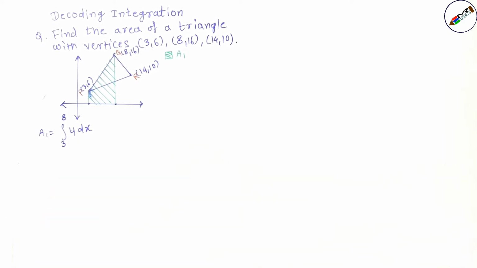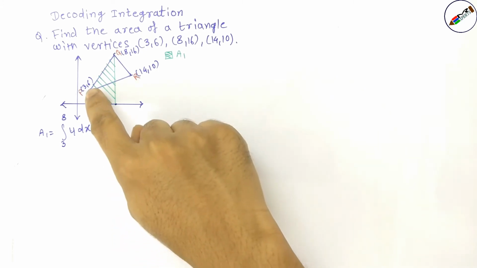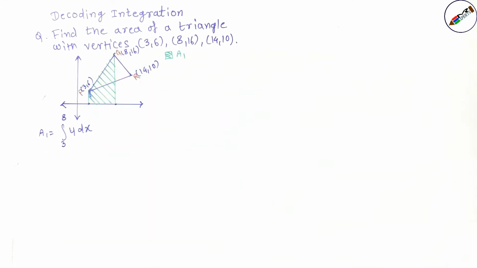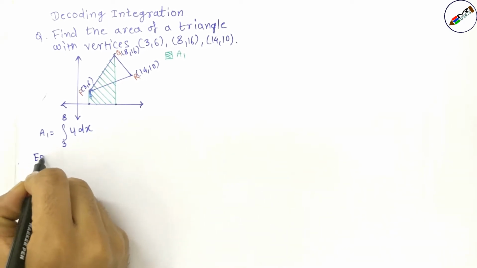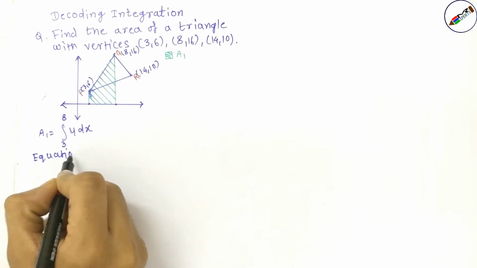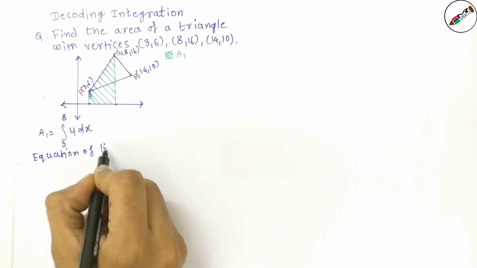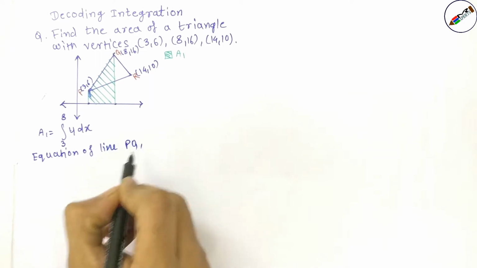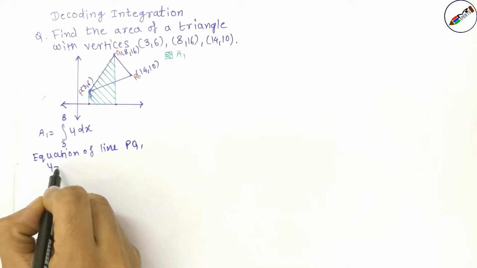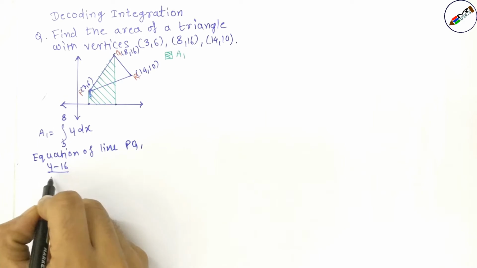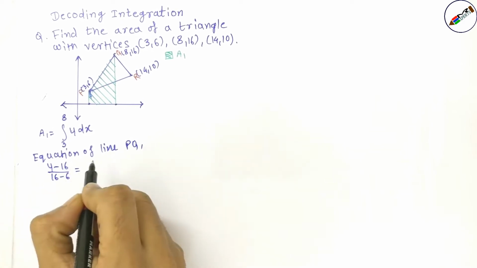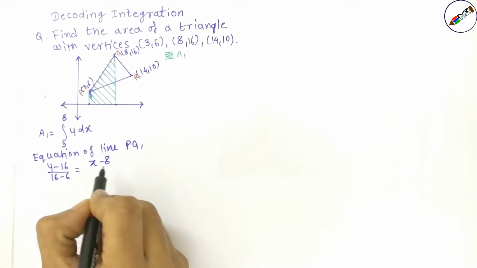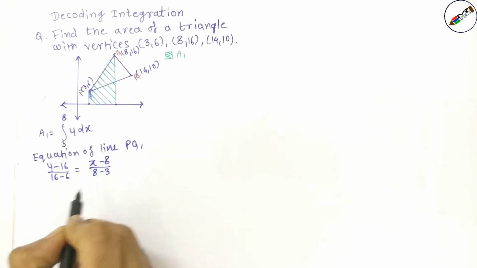Now for that I will have to determine the equation of the line segment PQ, which can be determined by using 2-point form of the equation of the line. So equation of line PQ by 2-point form would be y minus 16 upon 16 minus 6, which is equal to x minus 8 upon 8 minus 3.